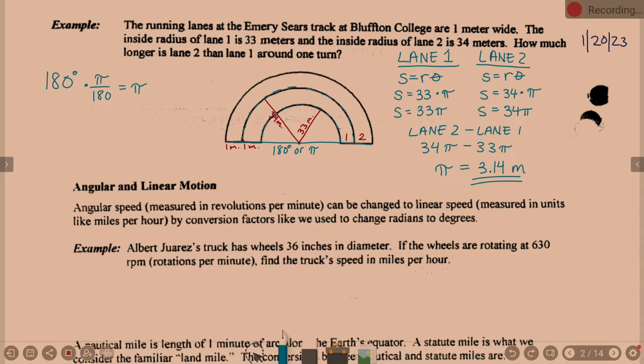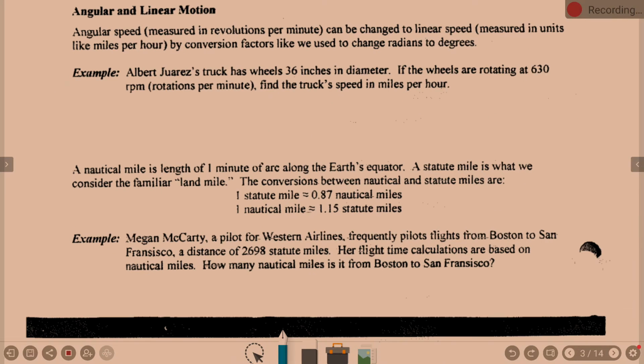Okay, let's see. Okay. This is the one that we're going to spend our most time on. We're going to talk about angular speed. You know yesterday how I was trying to take you through conversions, where we do fractions, we're trying to get units to cancel. What you guys have done in chemistry is what it always gets compared with. You've learned in other math classes. Okay, that's what we're going to end up looking at right here.